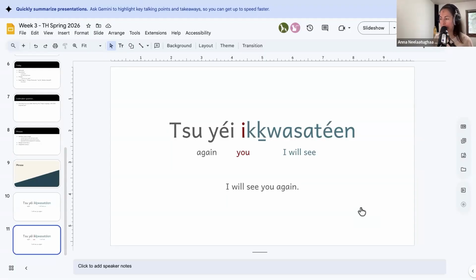Like Shirley said, I put in red here, this ik in ik kwa satine is you. So you guys can remember, this ik is you. I'm talking about I will see you.